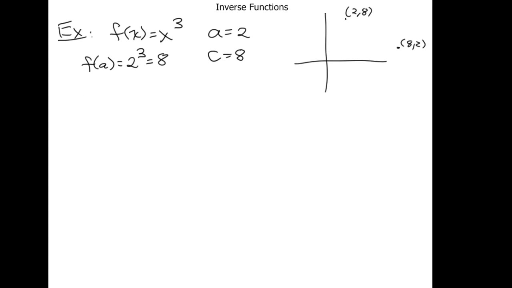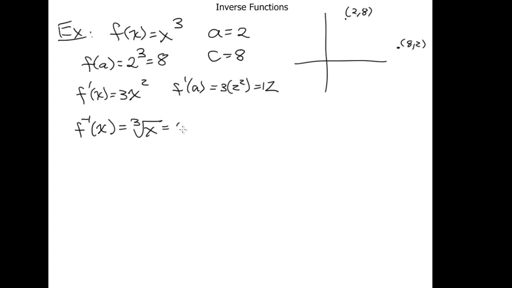What is f prime of x? Well, it's 3x squared. So f prime of a is 3 times 2 squared, which is 12. Okay. What is f inverse of x? Well, f inverse of x we know is the cube root of x, which is to say x to the 1/3. And so the derivative of it is 1/3 x to the minus 2/3.